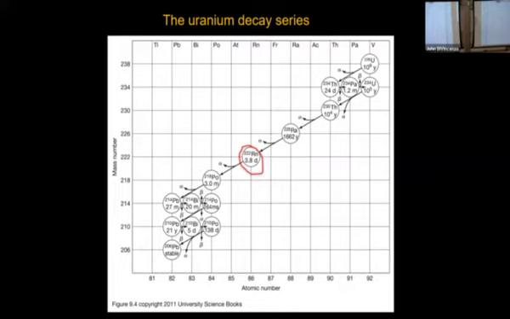Why is this happening? Well, we have a neutron that's actually decaying into a proton and an electron, if you will. Your atomic number increases by 1, but your mass number stays the same, because you've lost a neutron but gained a proton.